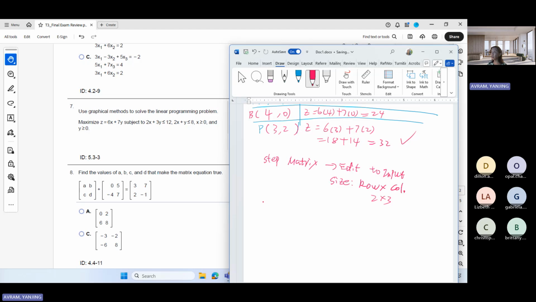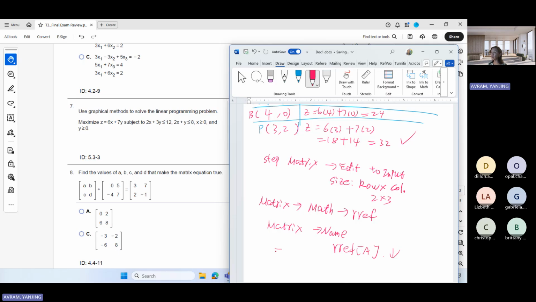And then for step 2, you go to the matrix menu again. This time you go to math, and then find the reduced row echelon form, RREF. Then go to the matrix and select the one you input, like RREF of matrix A, and hit enter.